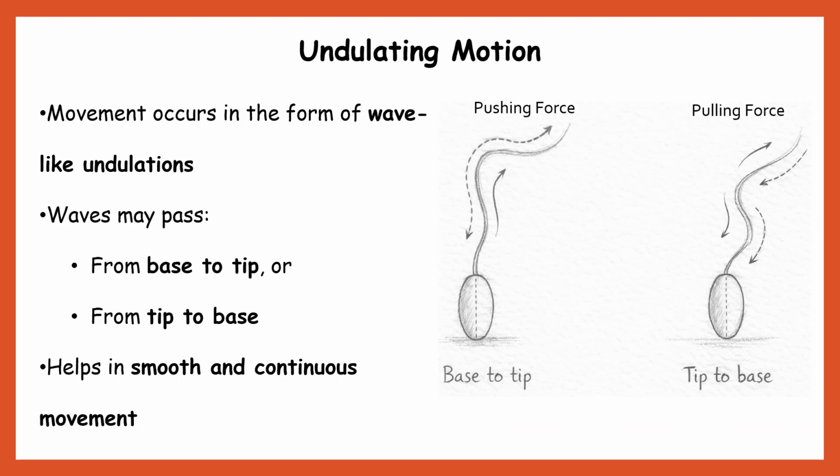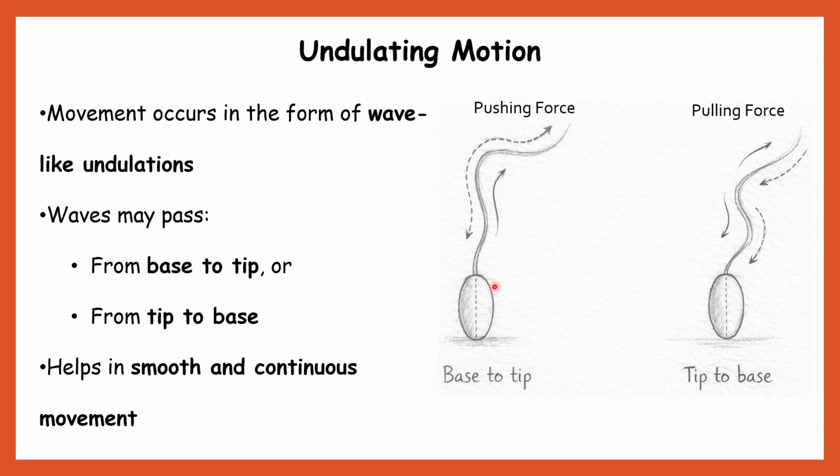Moving to the next type of flagellar movement, undulation movement. In this undulation movement, the flagella forms a wave-like pattern. The formation of the wave happens in two different ways, as you can clearly see in this diagram.